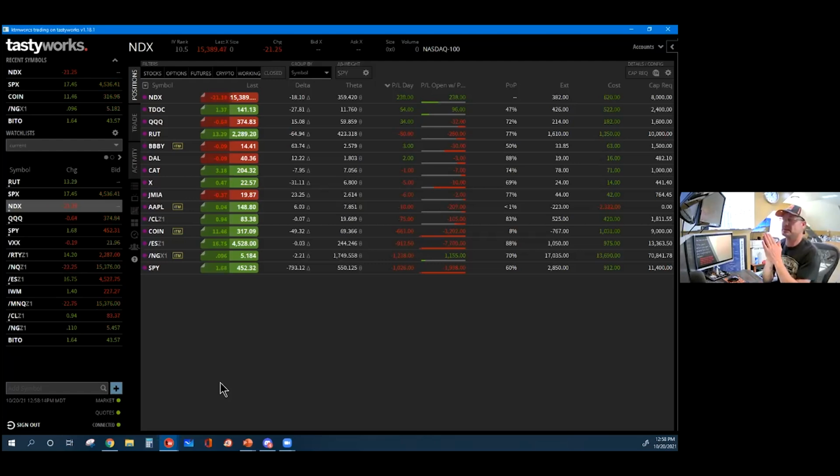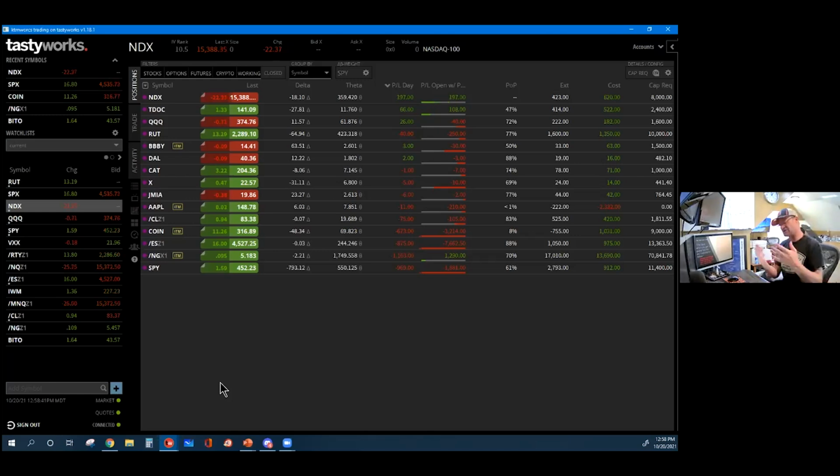Well, let's use a very rudimentary, very simplistic example. Let's say that we only are going to do 2 trades in our account. Each trade has its own individual dynamics. Each trade has a probability of success. We call it POP, but each trade has its own unique probability that it's going to work out.